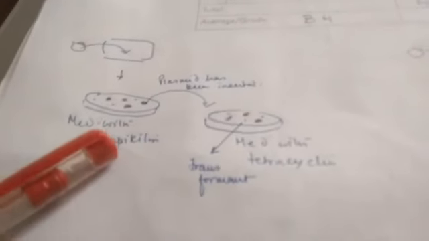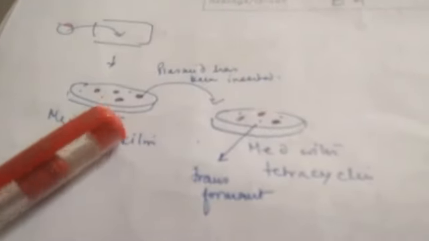Now how will we screen the bacteria where the gene of interest has been inserted? Let us see. First of all, we have to grow this bacteria in a medium containing ampicillin. You can see here some bacteria are forming colonies in the medium containing ampicillin. Why are they forming colonies? Because they have the ampicillin resistance gene.